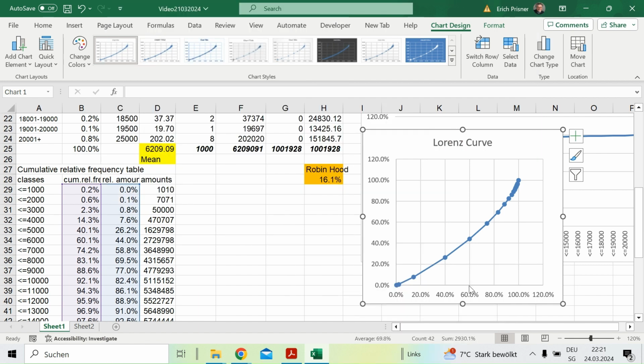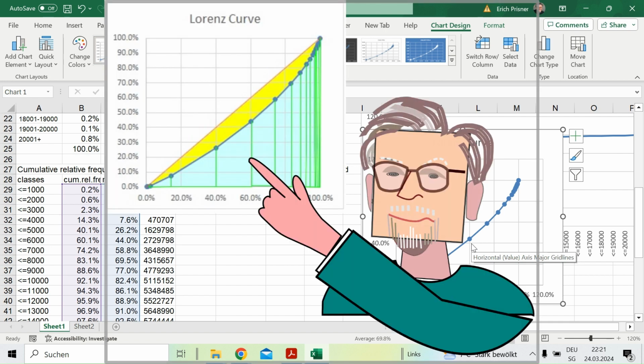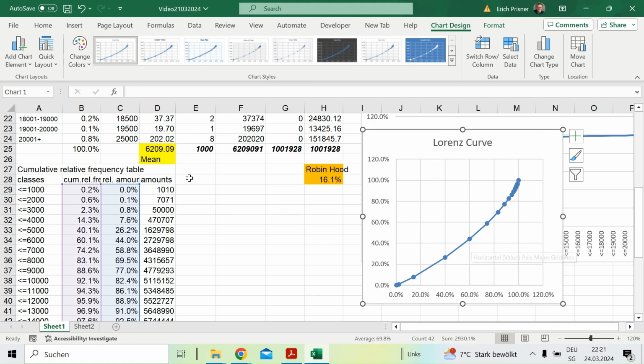We go down to the x-axis, and this part here. And a trapezoid has a very easy formula. It's width times average height. And the average height is left height plus right height divided by 2. So that's what we do. We calculate the areas of all these different trapezoids we have, and we calculate it in this table here.